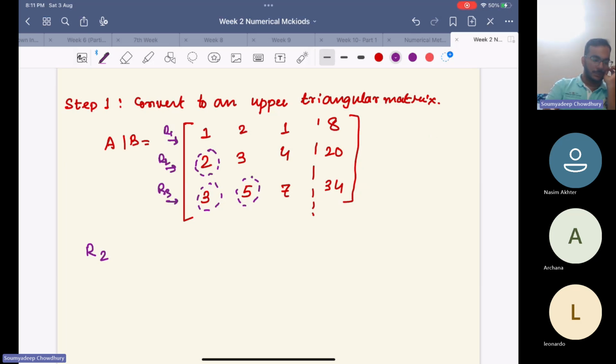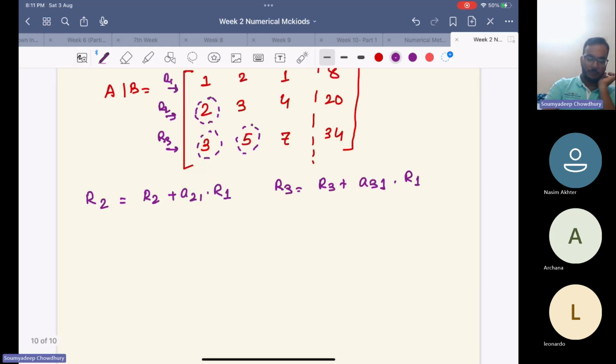So this 2 I have to make 0. R2 is R2 plus A21 into R1, and R3 is R3 plus A31 into R1. Now what is A21?